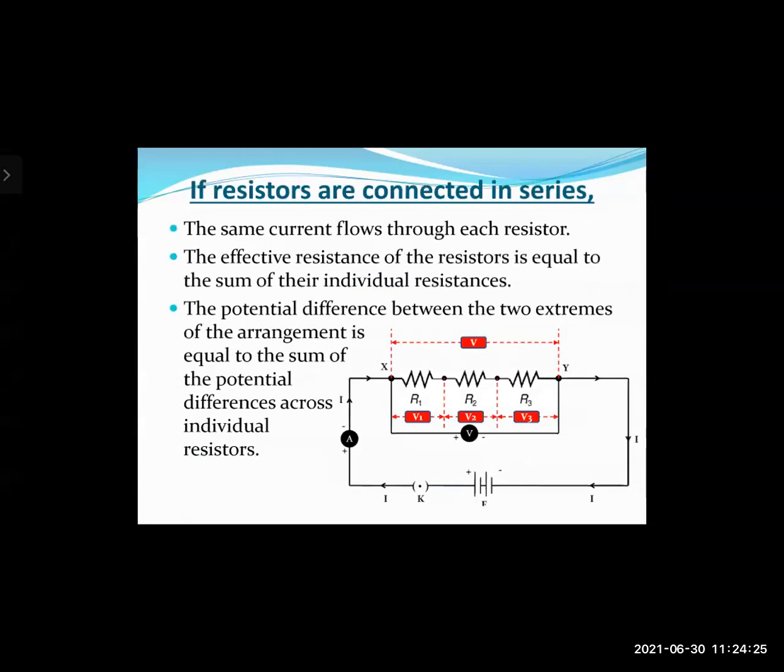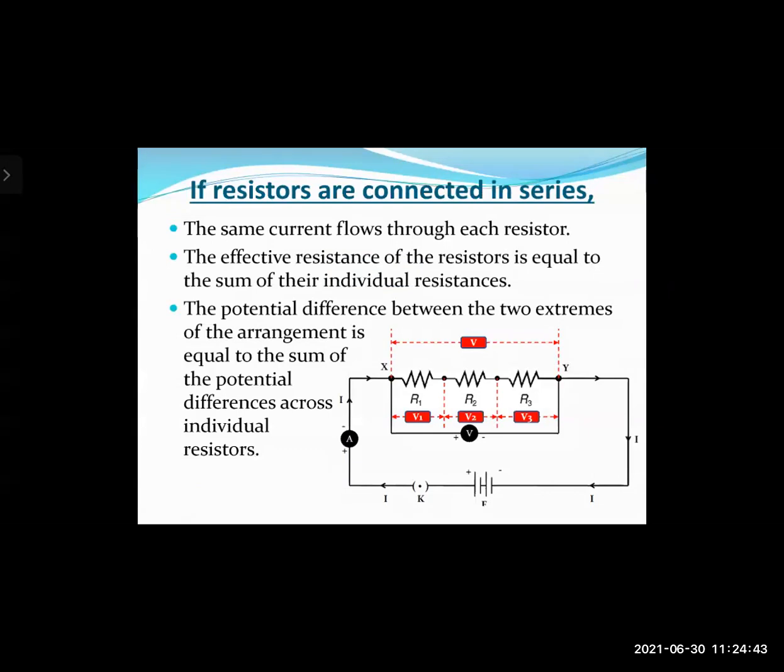What does it say, look. If resistors are connected in series, the first point says the same current flows through each resistor. Why is it so? Because they are connected one after the other. Point number 2, the effective resistance of the resistors is equal to the sum of the individual resistances.